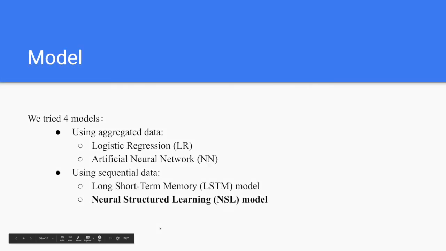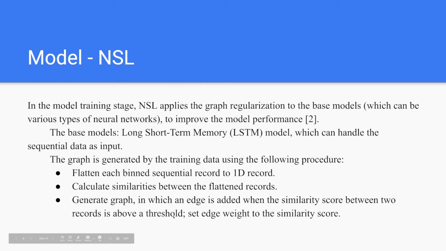For the NSL model, in the model training stage, NSL applies graph regularization to the base model, which can improve the model performance, where the base model can be various types of neural networks, like CNNs or RNNs. The base model we choose is LSTM, which can handle the sequential data as input. And as mentioned in the previous slide, we also tested an LSTM model without graph regularization to make comparison.